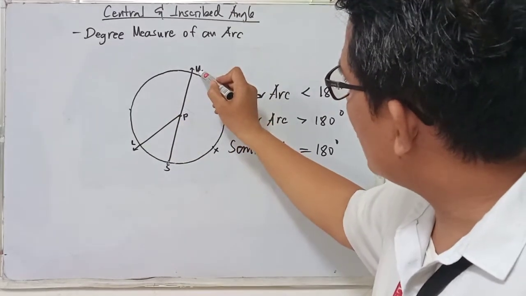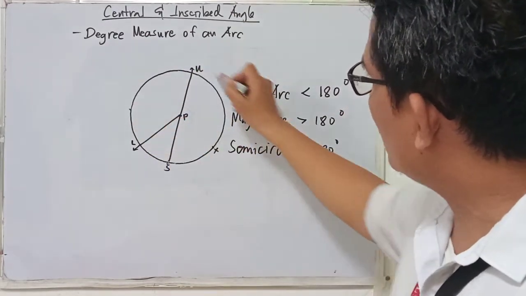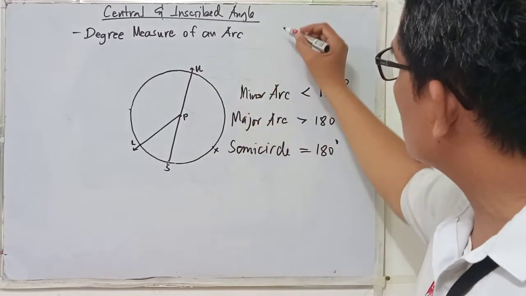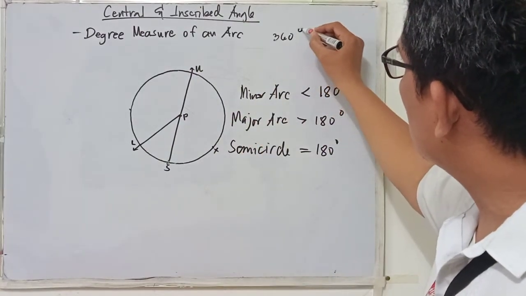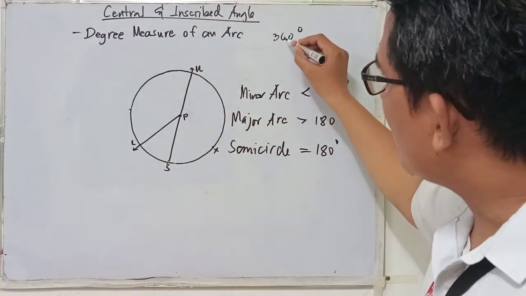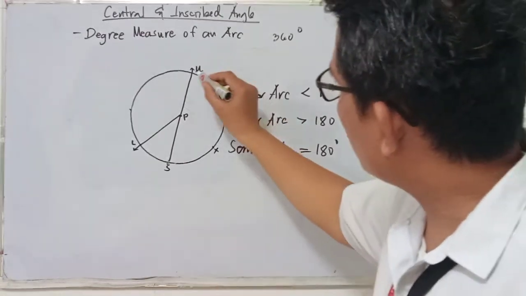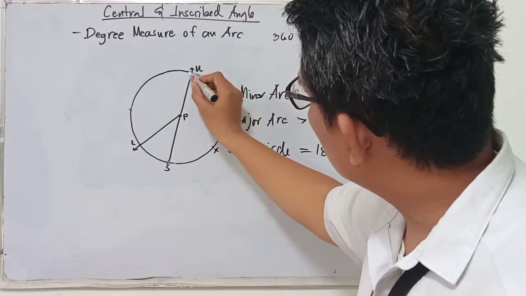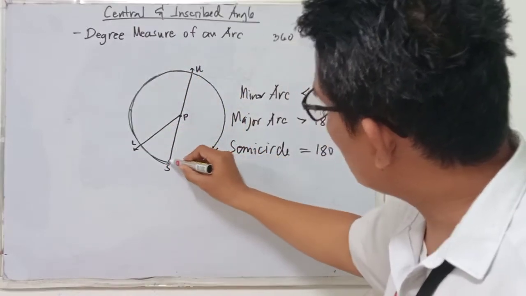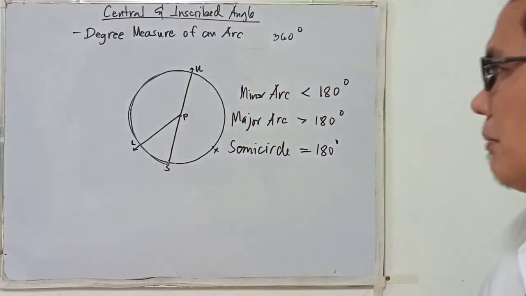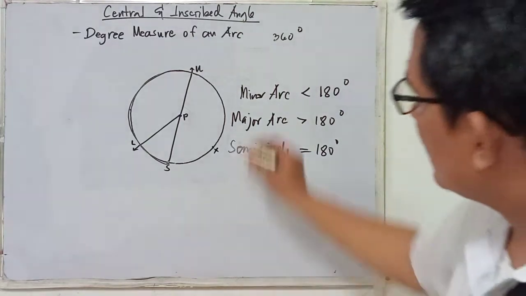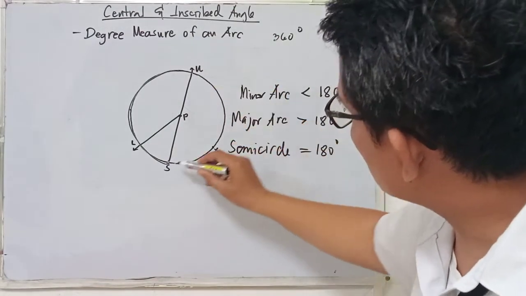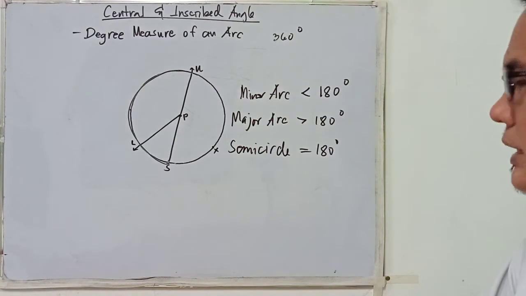Since the whole rotation of the circle is 360 degrees, half of this is 180. So we can say that this arc from U towards S is a semicircle. From U, X to S, that is also a semicircle.